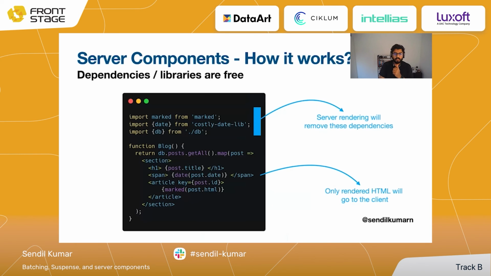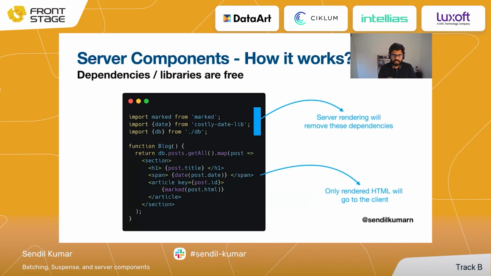So how does it work? It basically makes sure the dependencies and libraries that you're adding are free. Talking with the database is free. You don't need to worry about any extra library that you're going to add.